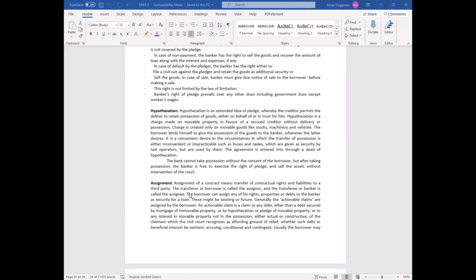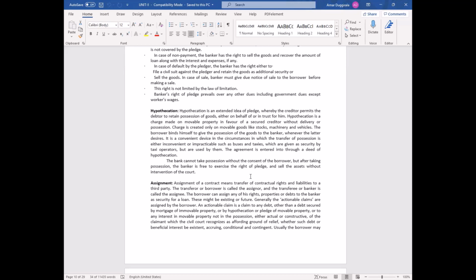It's a kind of pledge, but an extended pledge, whereby creditor permits the debtor to retain the possession of the goods. He starts using those goods on a daily basis. And then a charge is made on the movable property in favor of a secured creditor without delivery or possession.